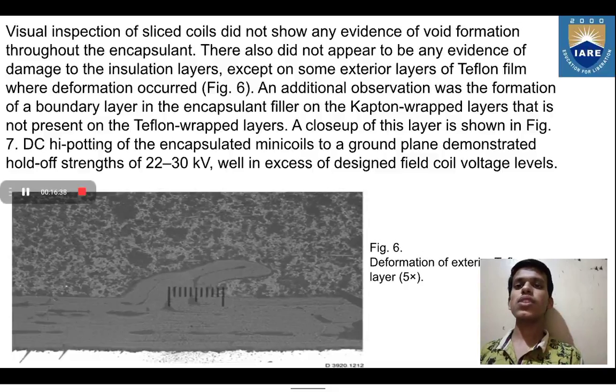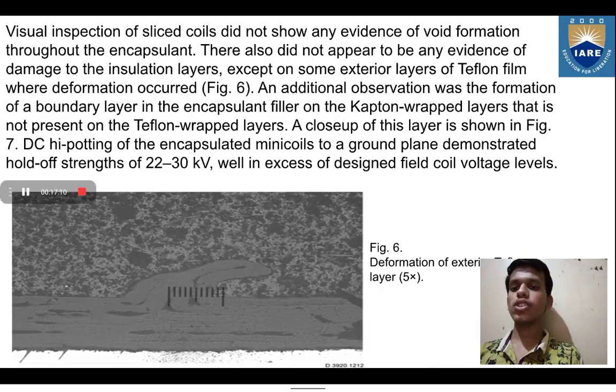An additional observation was the formation of a boundary layer in the encapsulation filler on the Kapton wrapped layers that is not present on the Teflon wrapped layers. A close-up of these layers is shown in figure 7. DC high potting of the encapsulated mini coils to a ground plane demonstrated hold-off strength of 22 to 30 kilovolts, well in excess of designed field coil voltage levels.